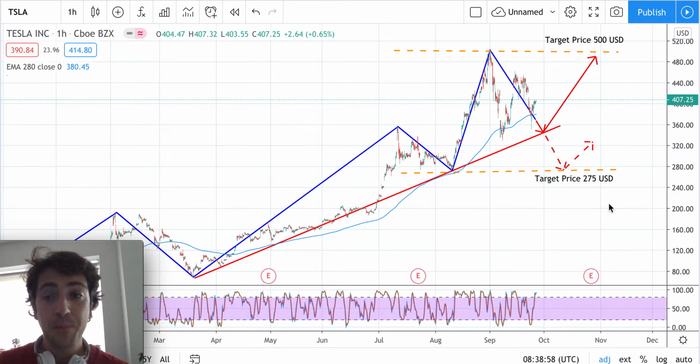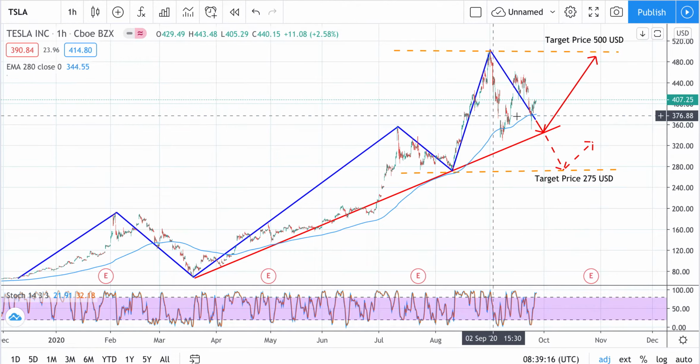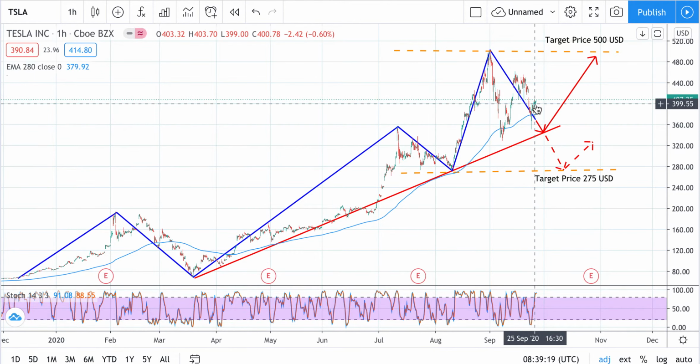Because our target price will be $500, since the idea is to invest always in the trend direction, the idea is to go long up to $500, but because this option is still open, right now the idea is to hold and wait to see what happens in the next days.